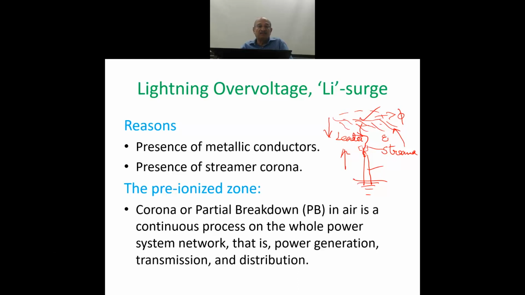Wherever the high voltage transmission lines or high voltage open air substations are, because of the partial breakdown activity, a pre-ionized zone is formed, and corona is responsible for the pre-ionized zone.